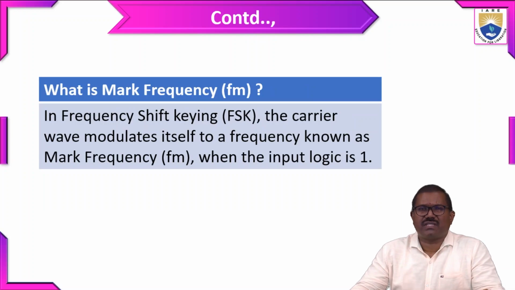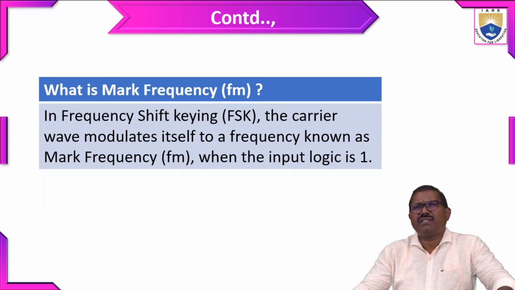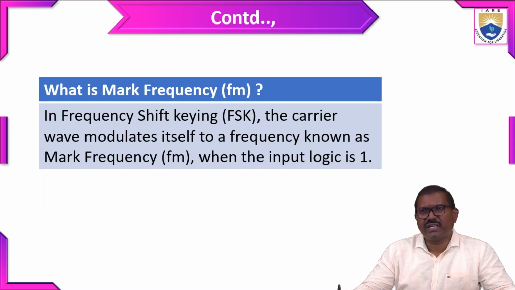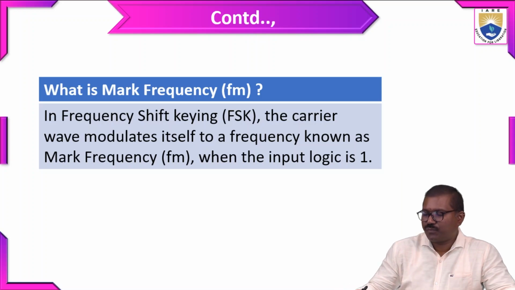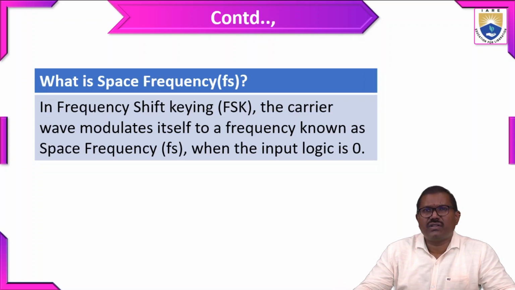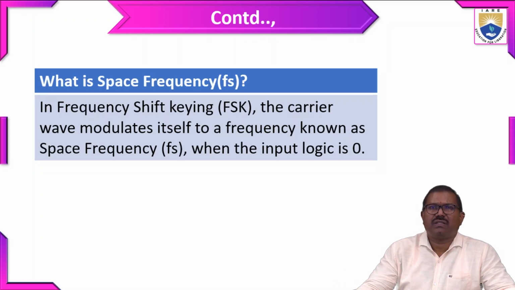What is mark frequency? In FSK, or frequency shift keying, the carrier wave modulates itself to a frequency known as mark frequency when the input logic is 1. Another is space frequency, which is also related to FSK.